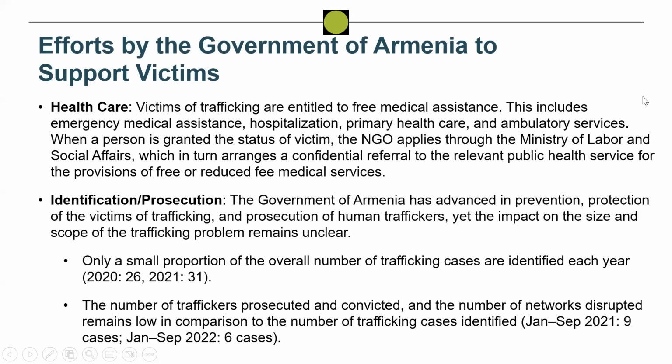Covering the structures, it's important to say that there are 3 structures here that I suppose there are also similar structures in other countries. The first is the national structure, the trafficking council under the Prime Minister's office.